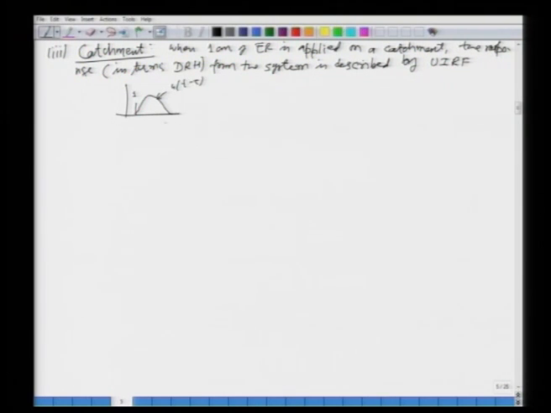This is your time domain, and the input is applied at time tau, and we are expressing the response after the delayed time t minus tau. That is how the unit impulse response function is defined.